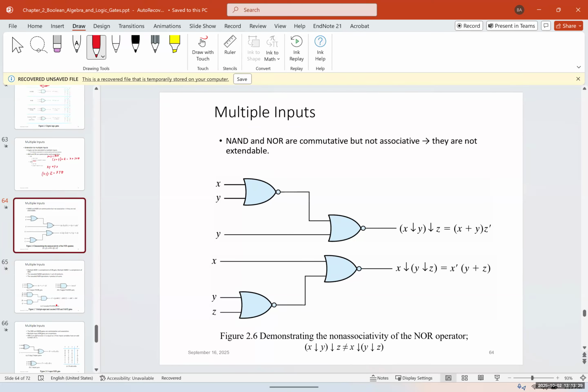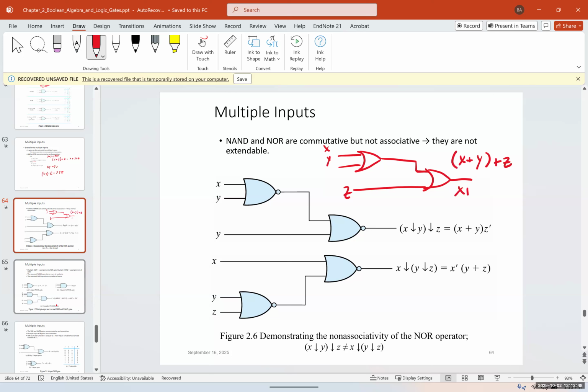If it was a simple OR gate, we could simply write X plus Y plus Z. But for a NOR gate, we cannot do that.